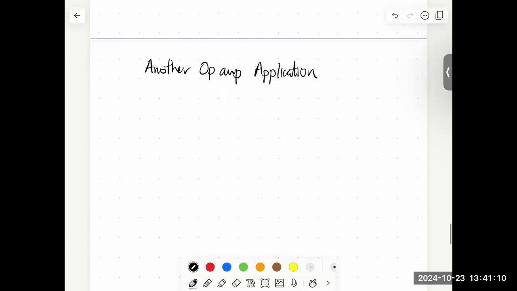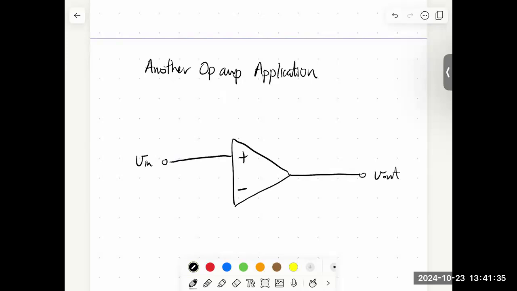Okay, so it's going to be similar, not too different. So this time I'm going to put my inverting input at the bottom and my non-inverting input at the top. Okay, and so into the non-inverting input, we'll have our input voltage V in. This is going to be our output, V out, just sitting here.